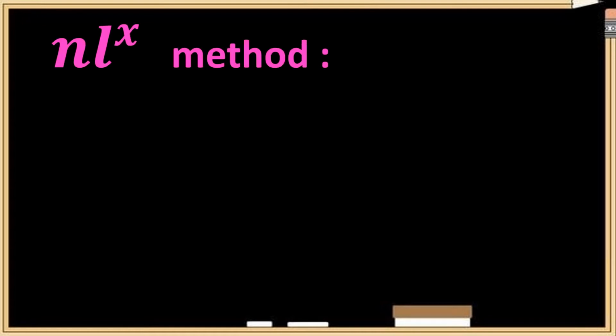While writing the electronic configuration of an atom, we use a standardized notation or method called the nlx method. So in this nlx method, what n represents, what l represents, and what x represents. See here.